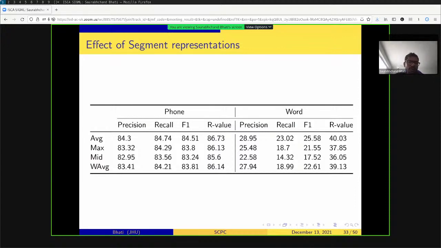For all these experiments, we found that average and weighted average seem to work really well. The reason is that with max and mid, if you take mid, for example, even if you change your boundary by one frame, the mid representation will change, and average seems to be the least sensitive to changes in the boundary detector. To elaborate, let's take three phones, for example.